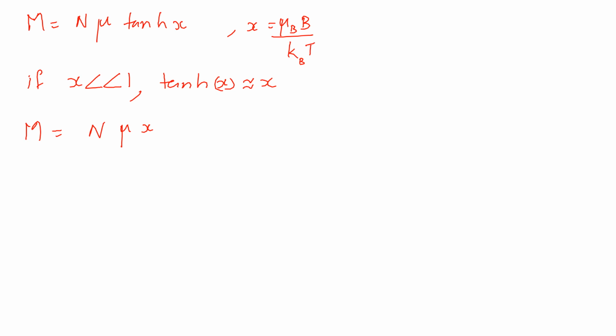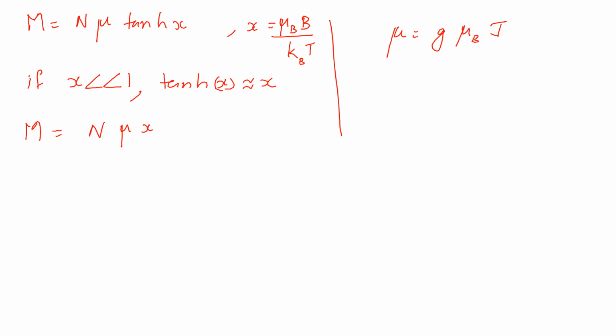But we know that mu is g mu b, the Bohr magneton, times j, the total angular momentum. I mean the total magnetic moment quantum number j, orbital plus spin.